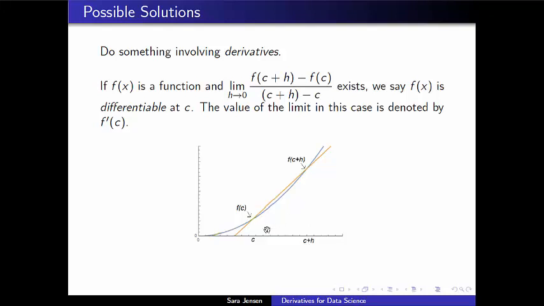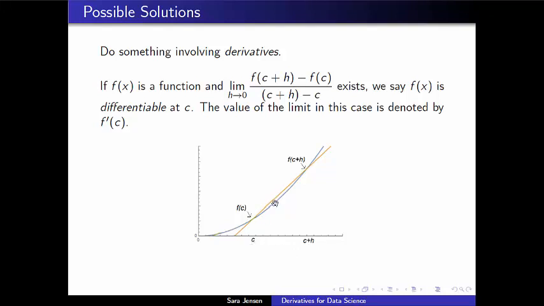I could then draw the line between (c, f of c) and (c plus h, f of c plus h), and to compute the slope of that line, I would compute the change in y values divided by the change in x values.